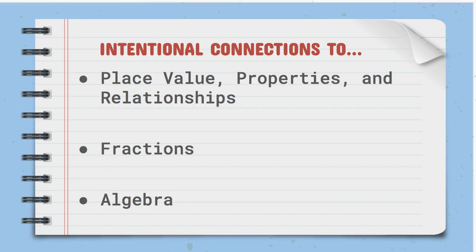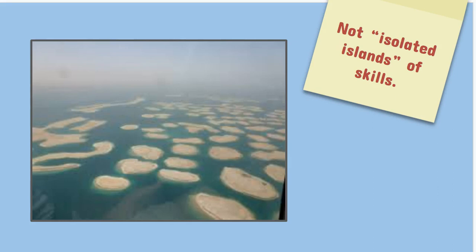Okay? We are also going to connect these strategies to fractions and fraction computation, right? So that we can use what we learned here in multi-digit multiplication and connect that to fractions, not to mention as we move into algebra. These are intentional connections so that our students don't see what we're learning as isolated islands, right?